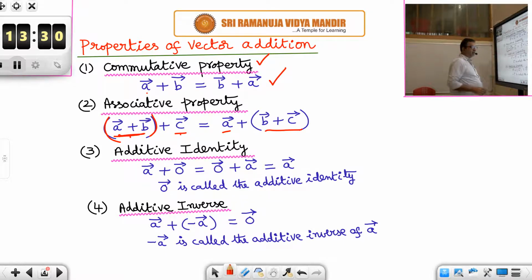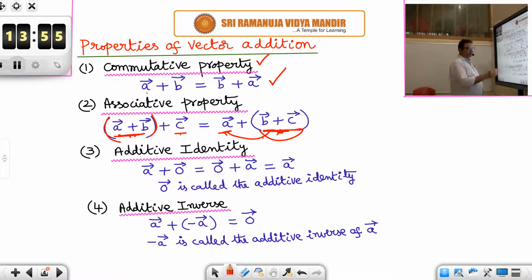Whereas on the right hand side, first we are adding the vectors B bar and C bar because that is put in brackets. To A bar, this resultant of B bar plus C bar is being added. But the final result will be the same. So that is called the associative property of vector addition.